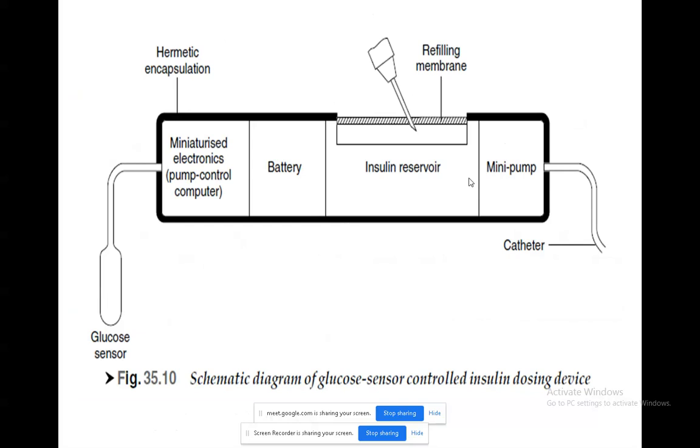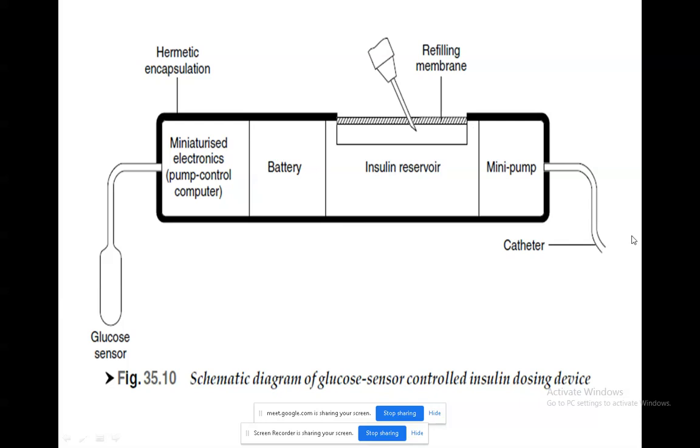So this is the diagram of the insulin dosing device. Here you will have the insulin reservoir. This is the pump. This is the pump control computer. This is the glucose sensor. Here you will be injecting the insulin through the catheter.